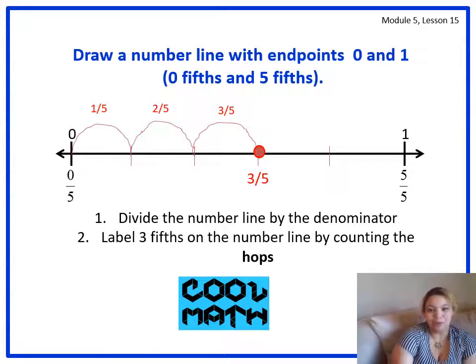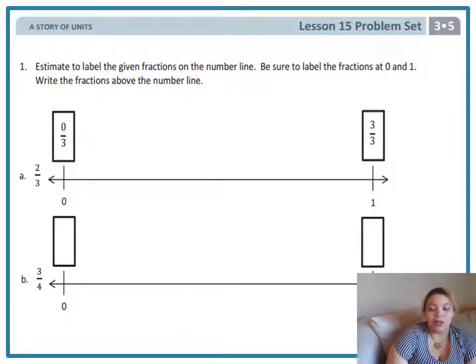Now we're going to look at problem set 15. The instructions tell us to estimate to label the given fractions on the number line. Be sure to label the fractions at 0 and 1 and write the fractions above the number line. The first thing we look at is the denominator, because that tells us how many equal parts we need.